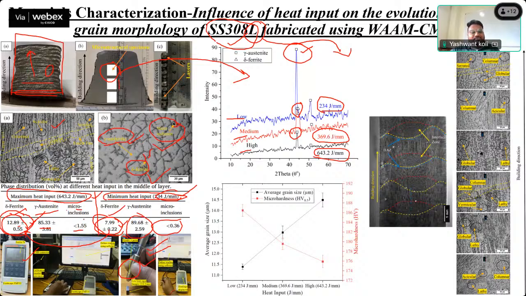So what is the advantage of ferrite in the austenitic matrix is when we are going for boiler industries, there we use this ferrite percentage as an advantage to the specific application.